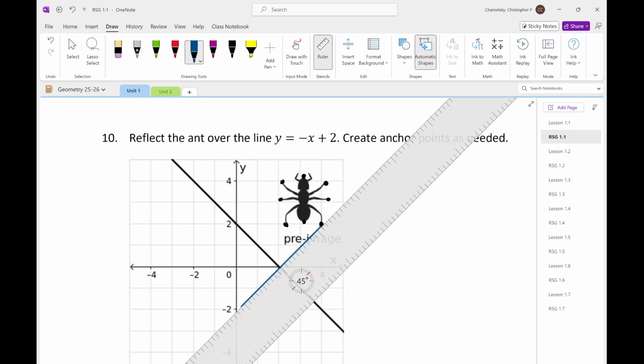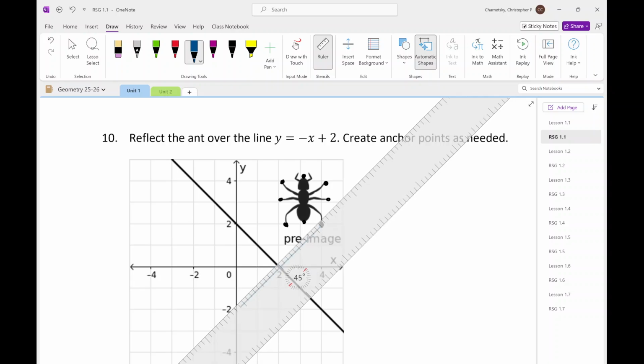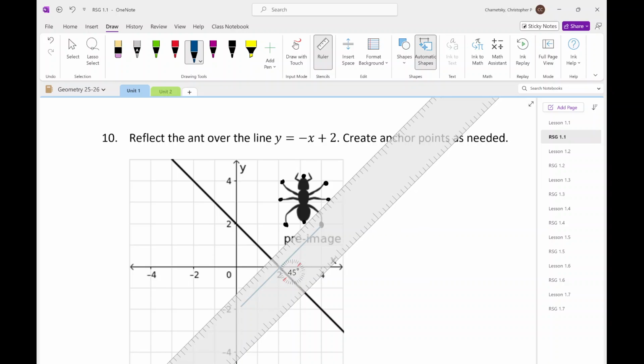Okay, and we'll just put points at the end of those lines.